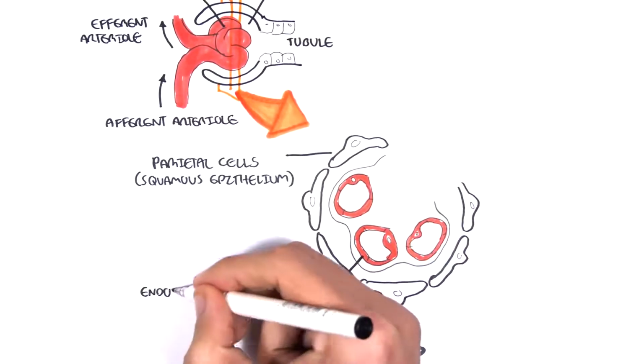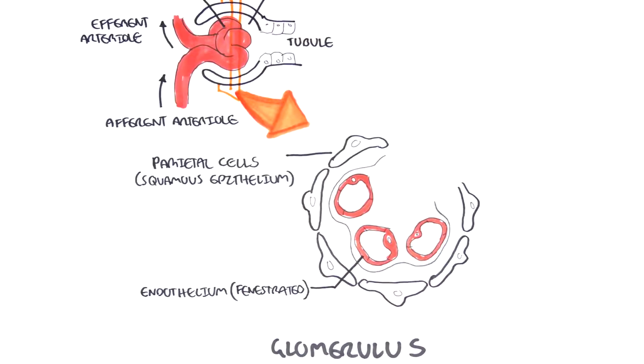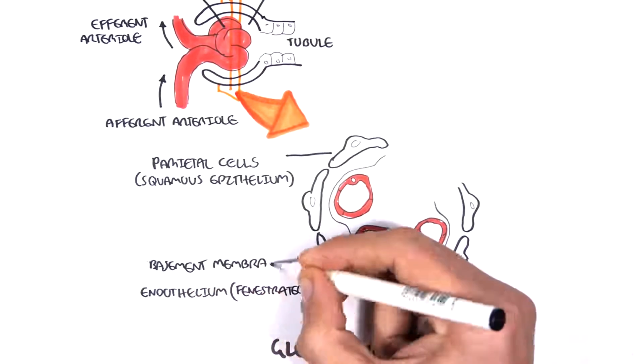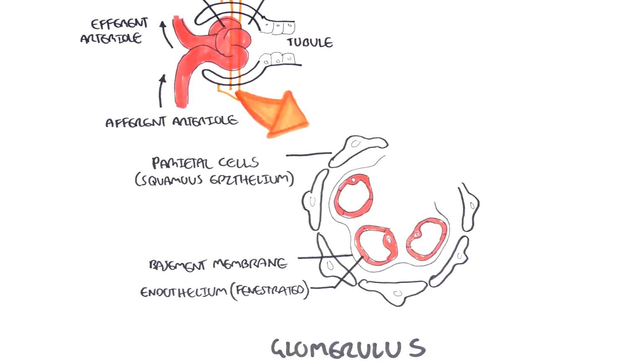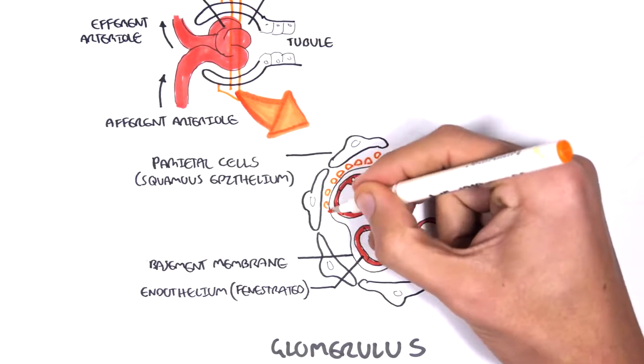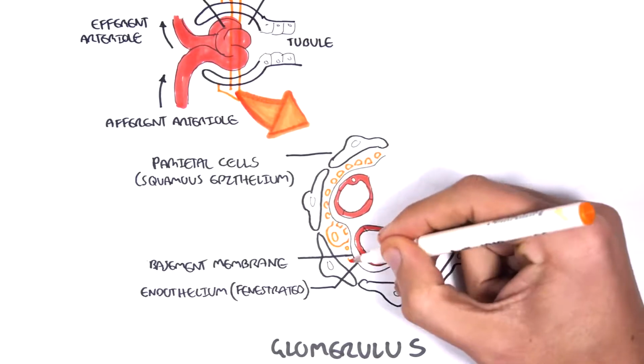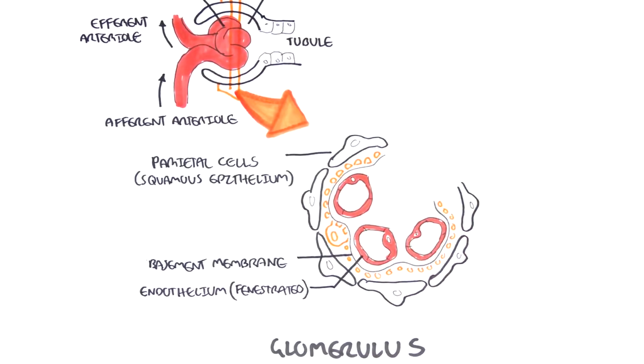The vessels are made up of fenestrated endothelium, which allow for filtration. Surrounding the fenestrated endothelium is the glomerular basement membrane. Then, surrounding the basement membrane are cells called podocytes with their foot projections.